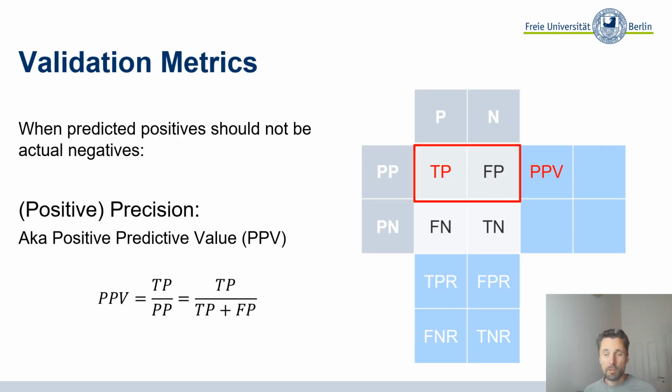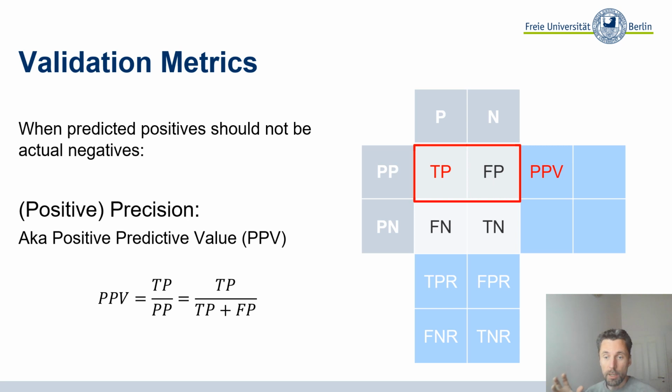So in contrast to asking how many of my earthquakes were reported or predicted earthquakes, we could turn this question around and ask, okay, how many of my predicted earthquakes were actually earthquakes? Yeah? And this is called precision, or sometimes positive precision, or positive predicted value, where now in the denominator we will always look at our predictions.